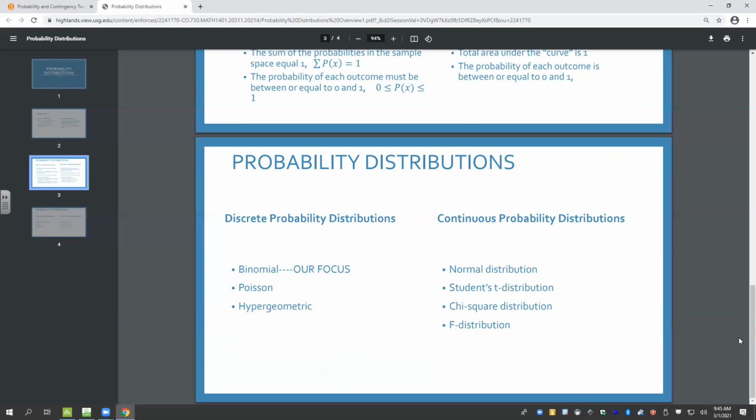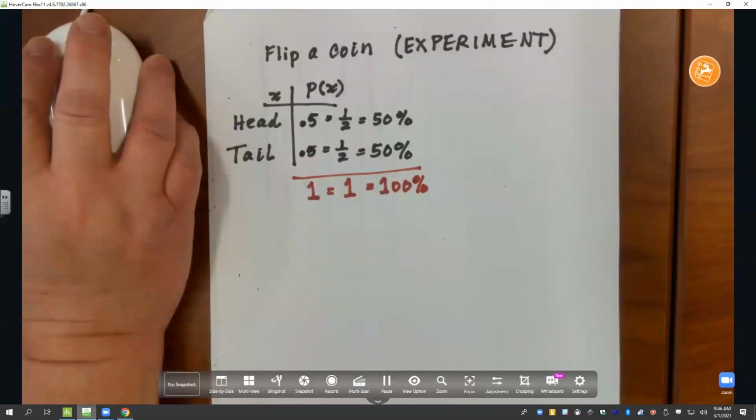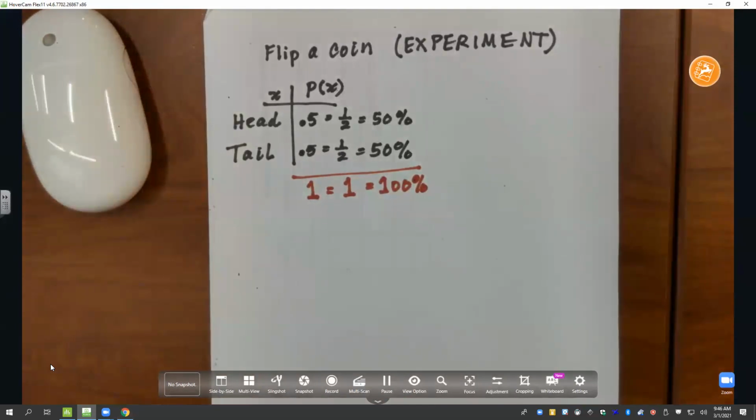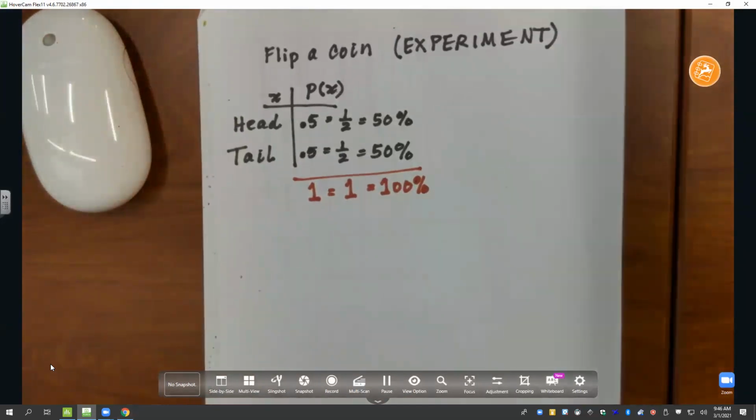Okay, so our focus today, that's kind of the broad view, but we're talking specifically about probability distributions, which is going to give us an insight into what should happen theoretically if everything worked the way it was supposed to. So we're going to move now and focus our attention on a binomial probability distribution.